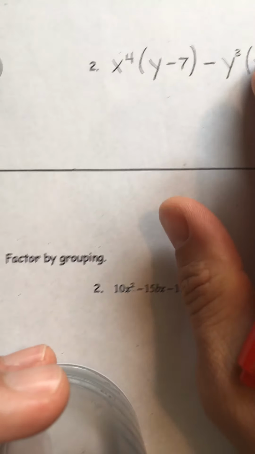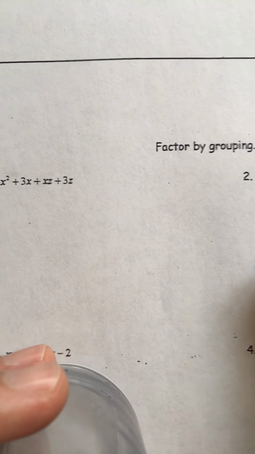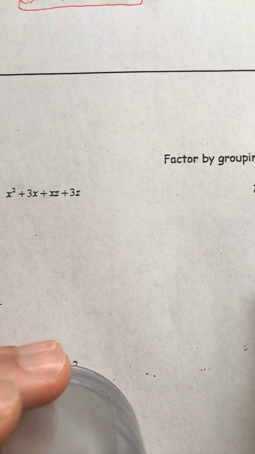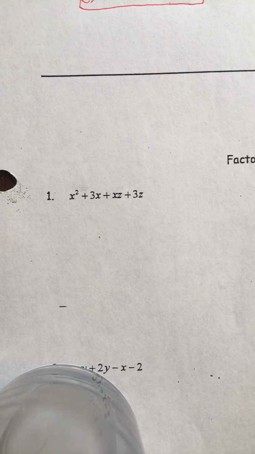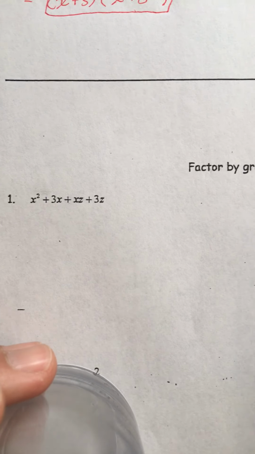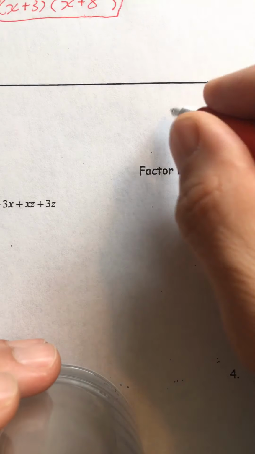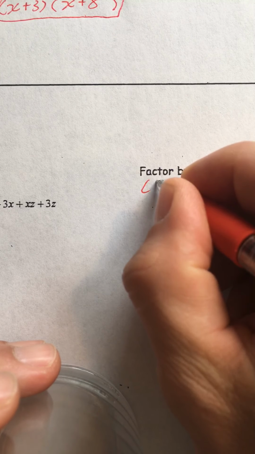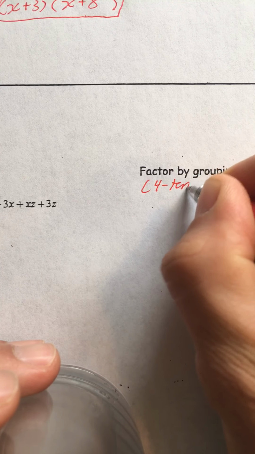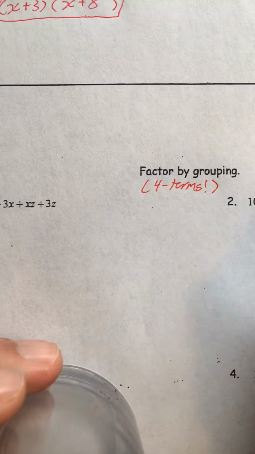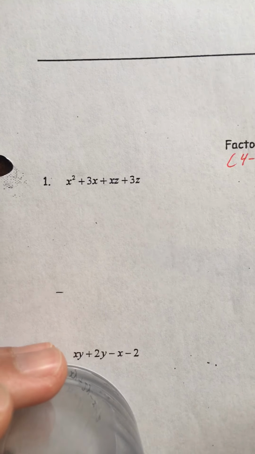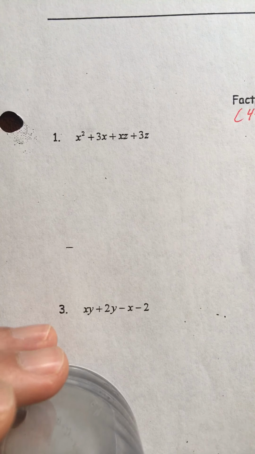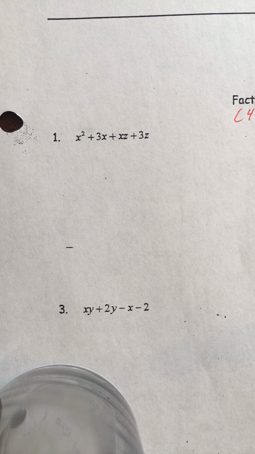Okay, so taking a look at these factor by grouping problems down here, how do we know that we're going to factor by grouping? If we look at each and every problem down below, we would see that every single one of these polynomials has four terms. So if you notice your polynomial has four terms, one technique that you might want to try using is factor by grouping.